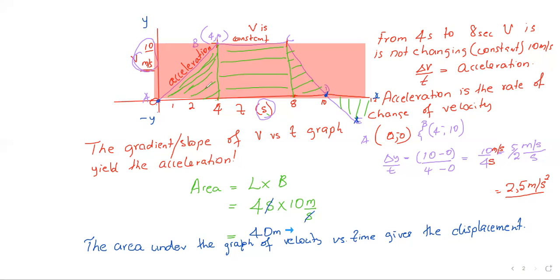Therefore, you must take the area of a triangle, the area of a rectangle, the area of another triangle, and you subtract the area of this if you talk about displacement, because displacement is a vector. So direction is of importance here. This direction here was negative, that direction was positive there.